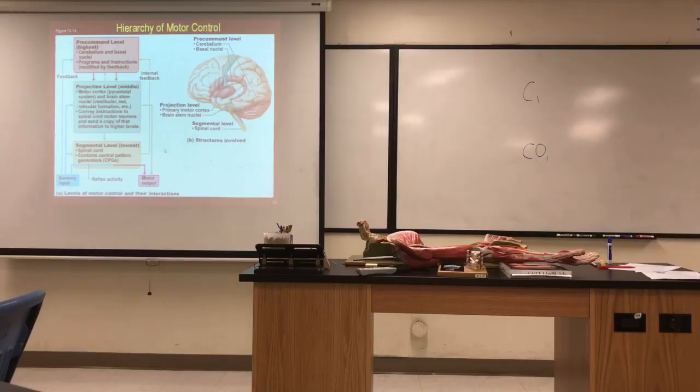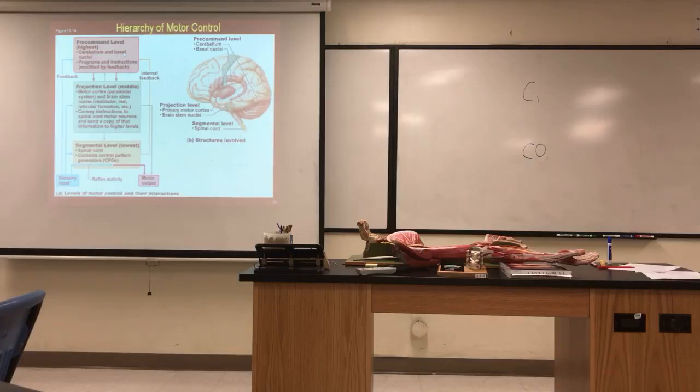But remember, the cells of the primary motor cortex are the keys to the piano. If you actually want to play music, that's going to have to come from somewhere else. Premotor cortex, or motor association. So even at a higher level than the primary motor cortex are the areas of the brain that coordinate and plan out the activity that ultimately comes from the primary motor cortex, through those upper motor neurons.